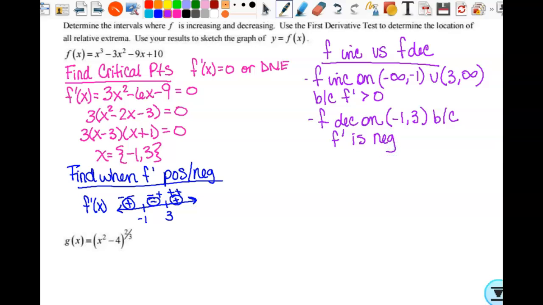So I did it two different ways. Either way is fine. It means the same thing. I'll put this in parentheses: f prime less than 0. And here I can say f prime is positive. So you have to say it how you say it. There's one of two ways you can do it, and it's totally fine.